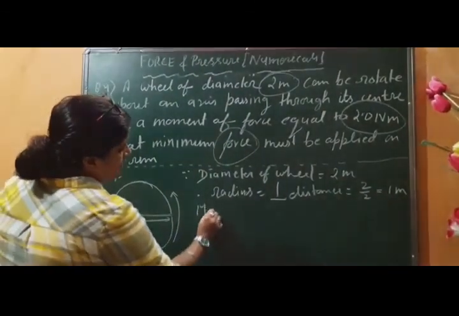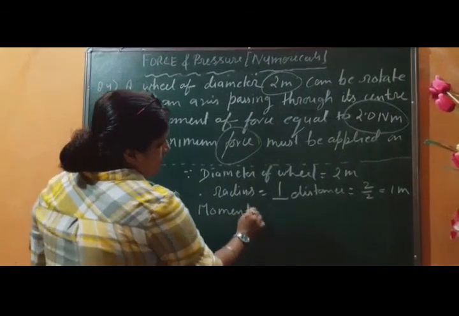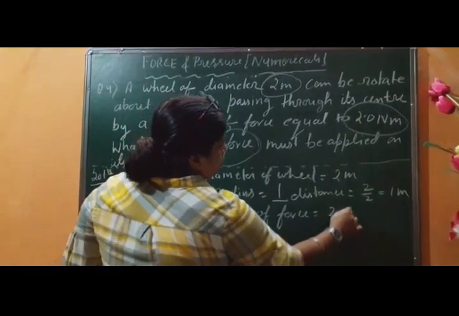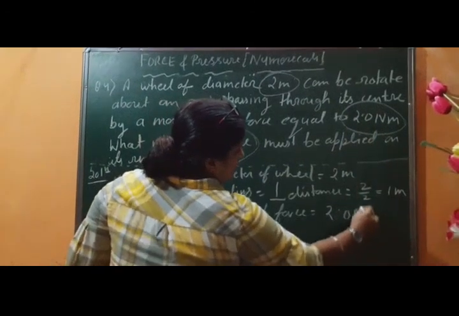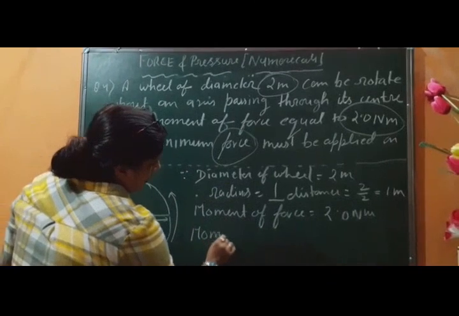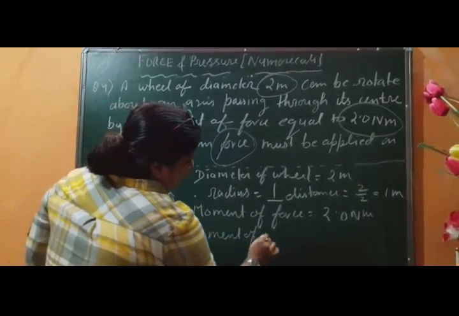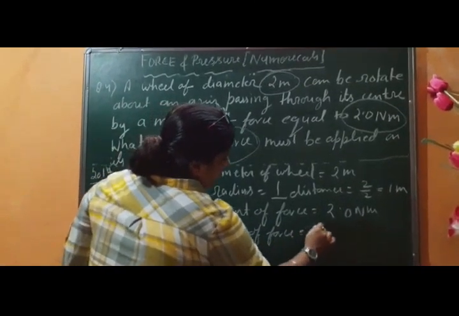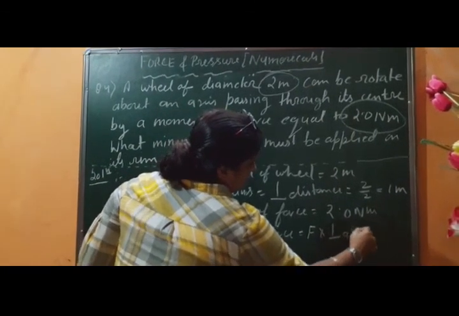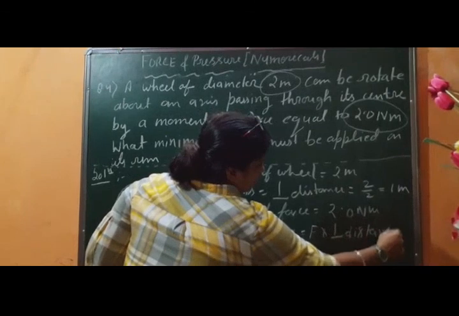And what is given? Moment of force, that is equal to what? 2.0 Newton meter. Therefore force is equal to what? So we'll write the formula. Moment of force is equal to force into perpendicular distance. Then we'll put the values.